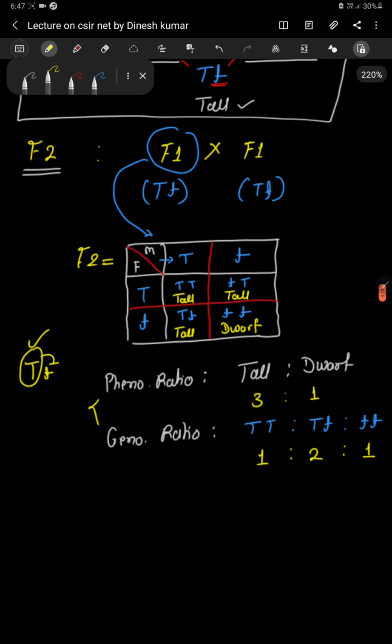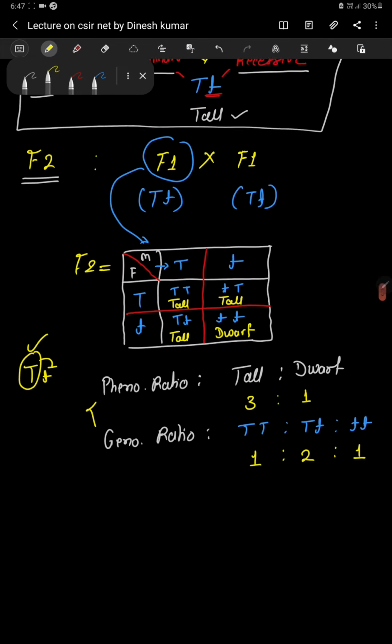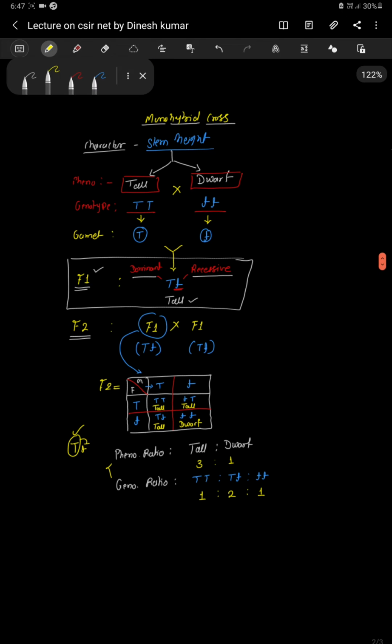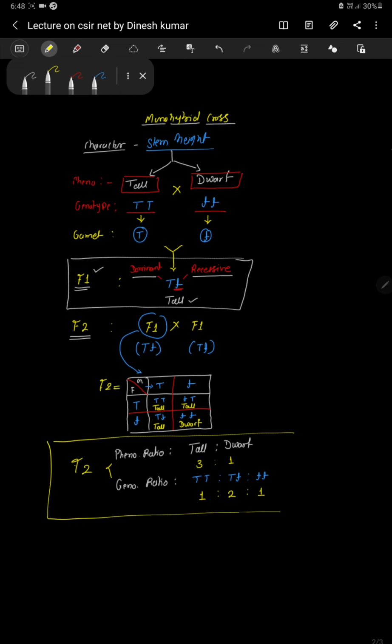So from the monohybrid cross, what are we learning here? This is our F2 generation phenotypic and genotypic ratio. From the F1 generation, what have we concluded? Why are we performing the F1 generation?